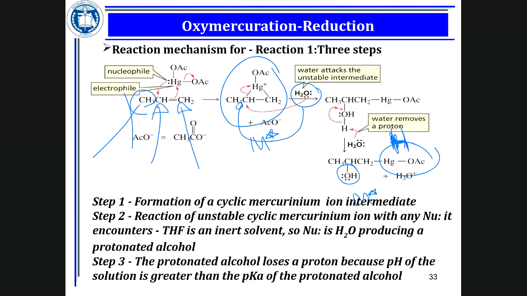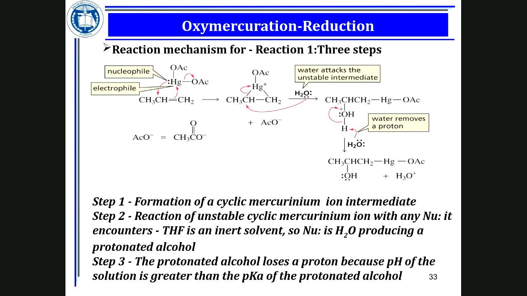Okay, next step. So you understand and follow the mechanism so far for the first step, which is the oxymercuration step of the alkene. The mercury acetate acts as an electrophile. It forms the triangle. Water comes in as a nucleophile and attaches to the most substituted carbon.